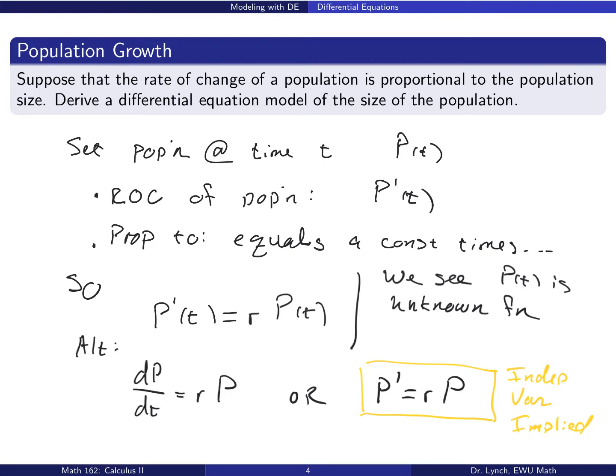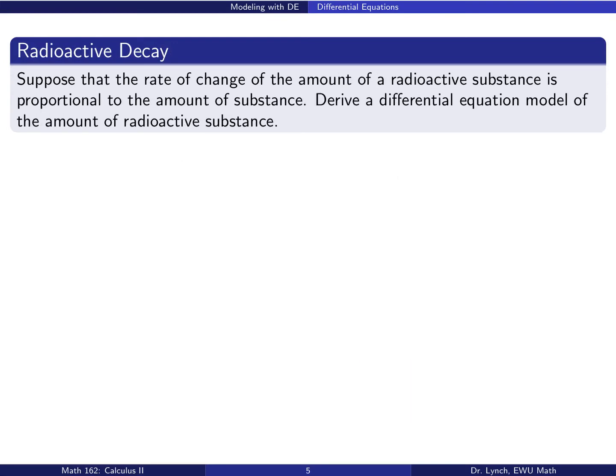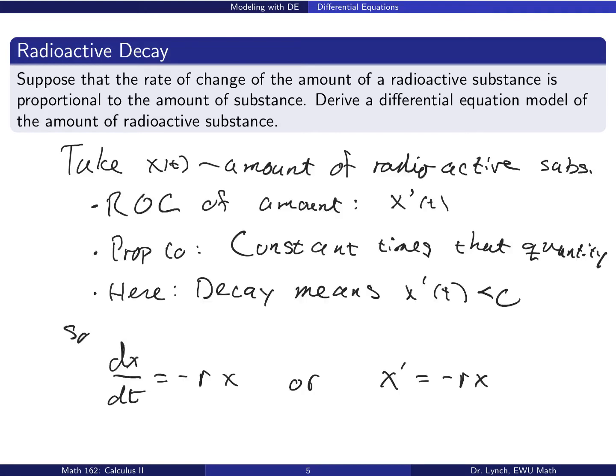Okay, let's do another one. Let's talk about radioactive decay. Suppose that the rate of change of the amount of a radioactive substance is proportional to the amount of that substance. So a lot of similar things here. We'll see one difference in this equation with the last one. Okay, so similarly, if x is the amount of radioactive substance, the rate of change of that amount is x prime.